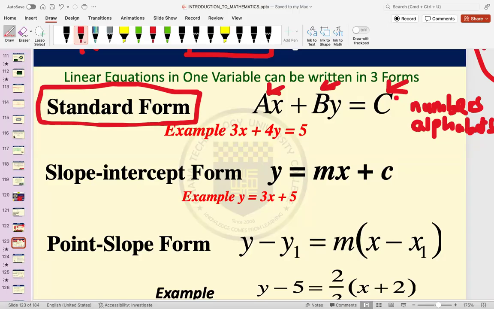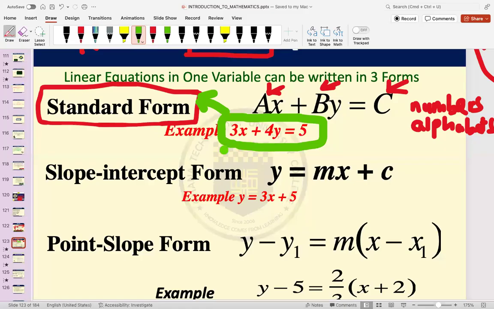So let's pick an example for you to understand what I'm saying. Now look at this equation. 3x plus 4y equals 5 is a standard form equation.